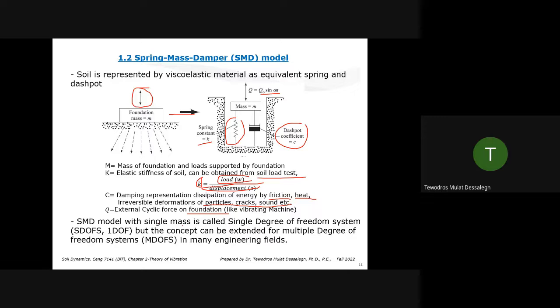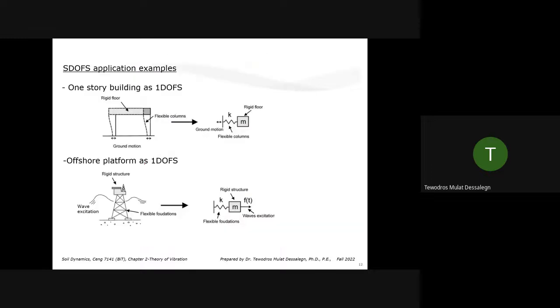An SMD model with a single mass is called a single degree of freedom system. But the concept can be extended to multiple degree of freedom systems, 2 and above. Let's look at practical examples of single degree of freedom systems. For example, if you have a one-story building, you have the roof, and you have the stiffness of the columns and the beams there, which is a stiffness system.